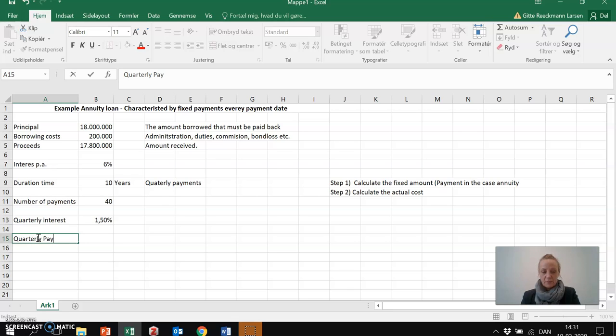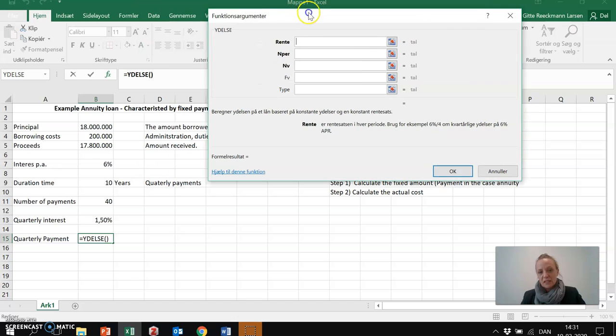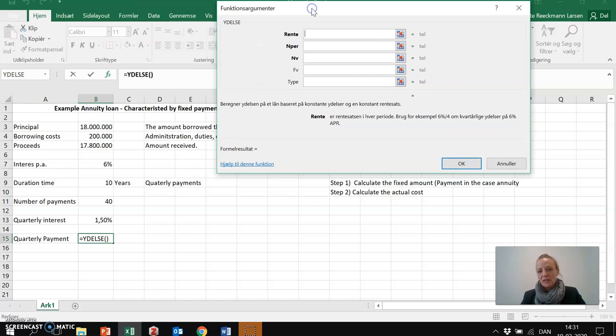For this example, we go into our Excel financial functions, and you will find the function called PMT. I know it says ydelse here, but you need the one called PMT because you want to find the payment you have every time you have a payment date.